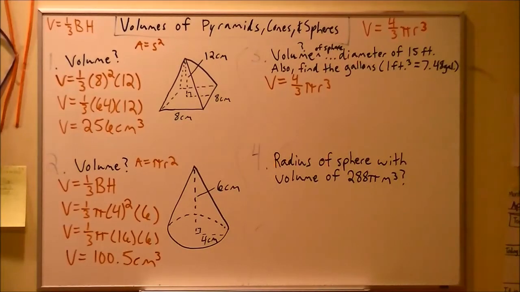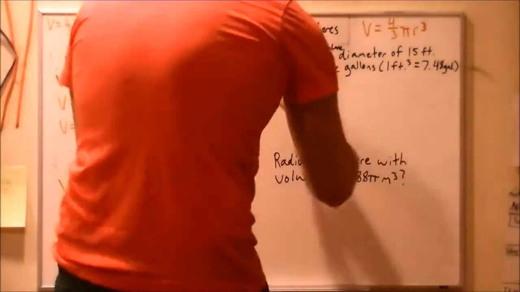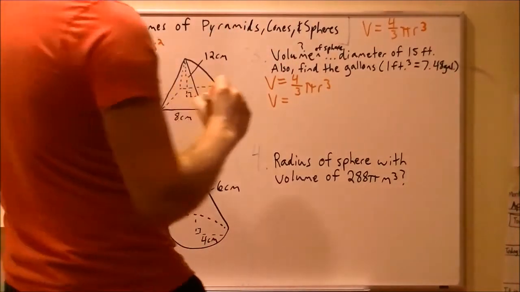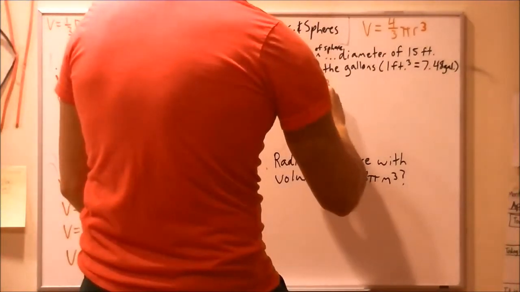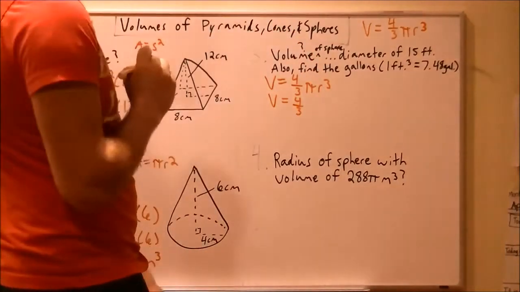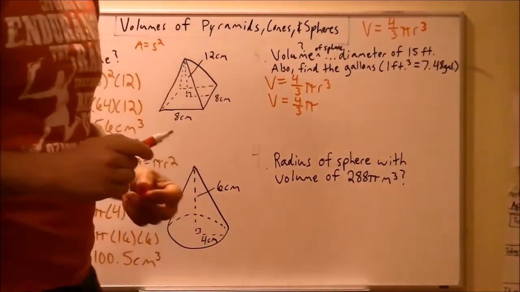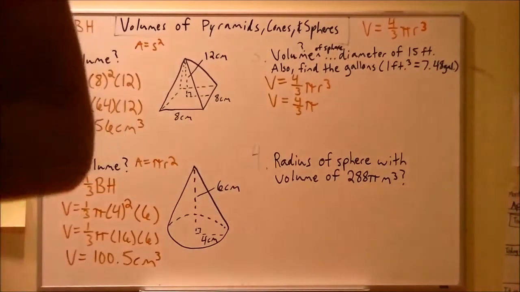Okay, let's plug in some important information here. We're trying to find volume, so that variable remains. V equals the constant 4/3 times another constant, pi. Now guys, do I have a radius given in this information?